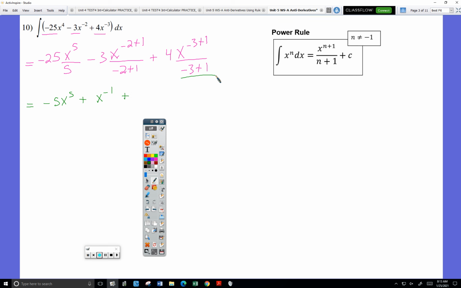This would be negative 2. 4 divided by negative 2 is negative 2. Did you forget the 3? So would it be 3x to the -1? How many noticed the error? 2 points, 3 for Edward. Thank you. Minus 2x to the negative 2.